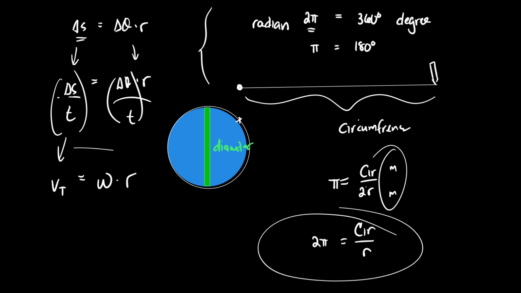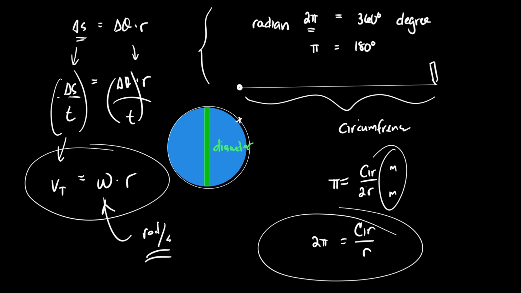So this is where that relationship comes from. But it's important to realize that relationship only works when omega is in radians per second. That's important.